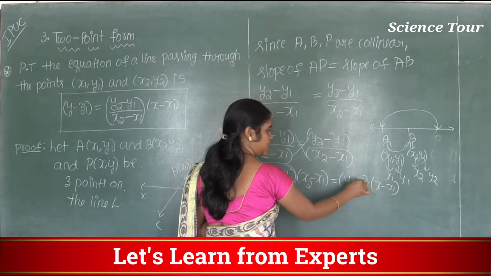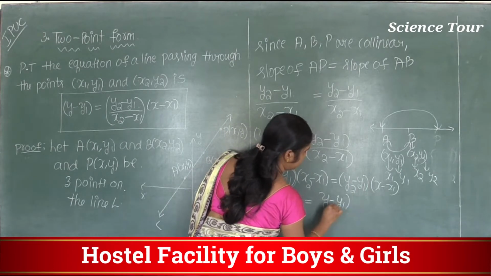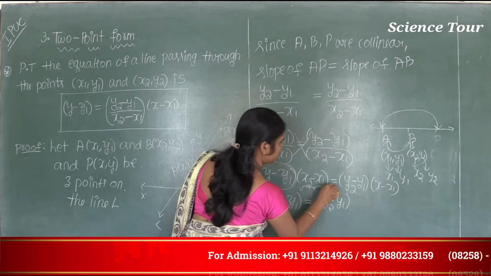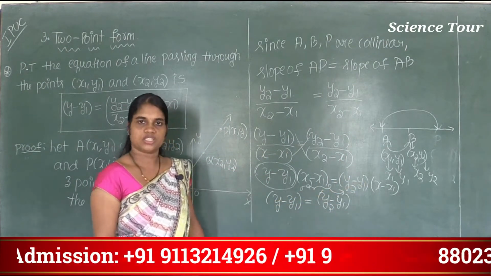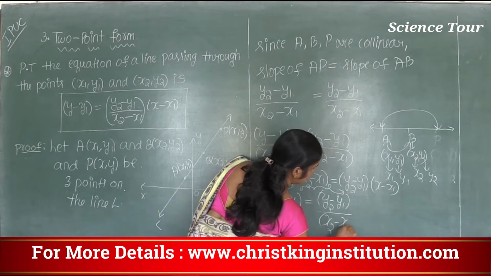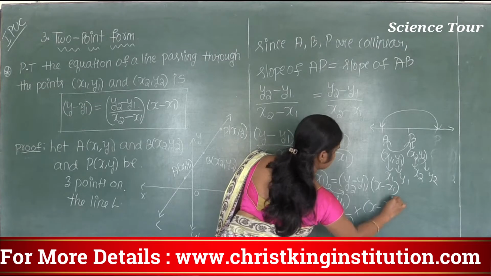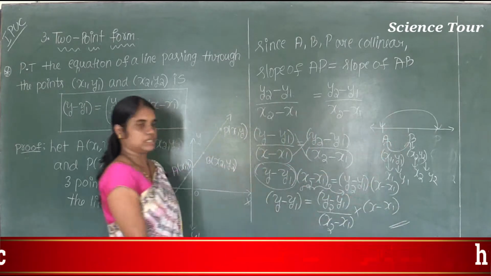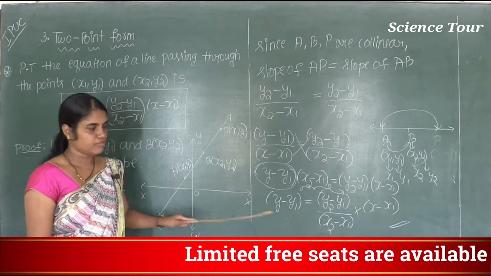So now in the right hand side what we have? y2 minus y1, isn't it? So now shift this x2 minus x1 to the denominator of y2 minus y1. So it will come here x2 minus x1 into, write the remaining term, that is x minus x1 as it is. See, y minus y1 will be here itself.